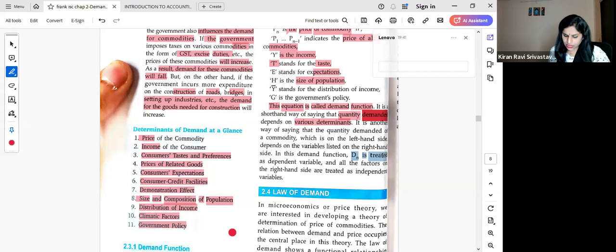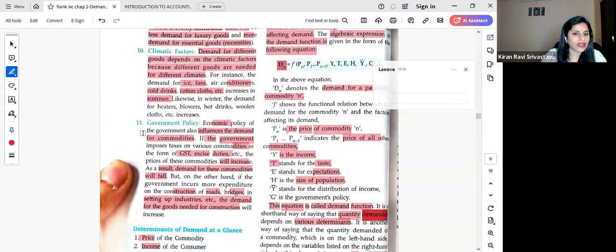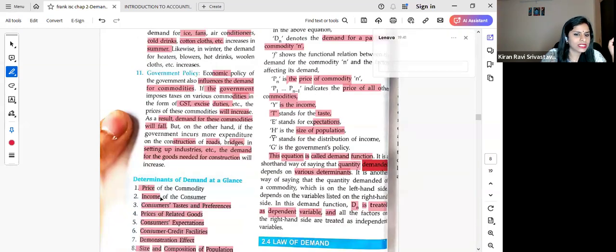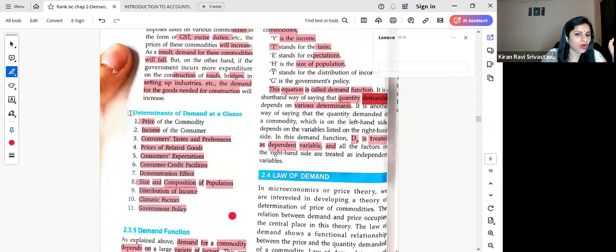So Dn is treated as the dependent variable. What is Dn? Demand for a product. Demand for a product is always dependent. It keeps on changing. Why? Everything we have done up here, all the 11 points, all your determinants, climatic factors, government policy, price, all these determinants, you can write down somewhere and keep, all the determinants are independent variables. Determinants keep changing, and because determinants keep increasing or decreasing, there is an effect on demand.